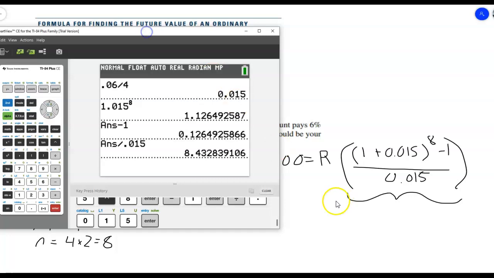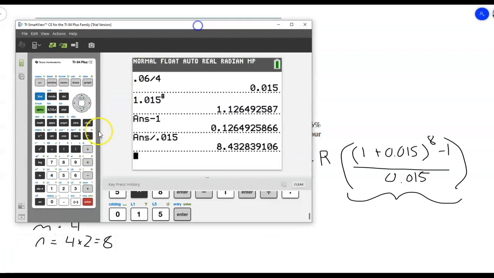Now you can either write that number down or just keep it in your calculator. I'm going to show you how to do that. Really you're putting this value in for this whole expression here, and then in order to solve for R, you have to divide both sides by this value.